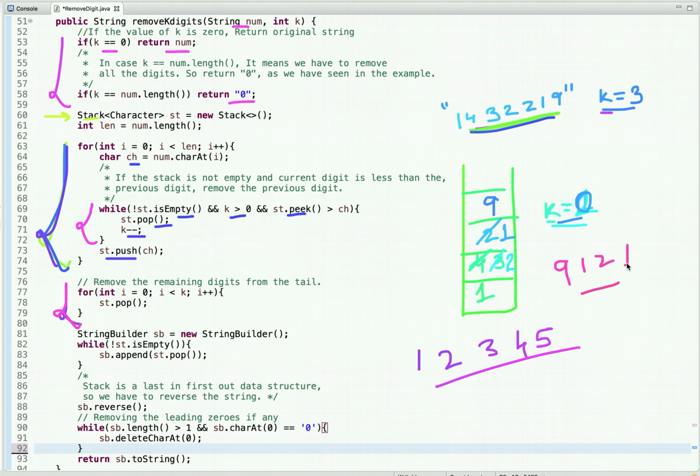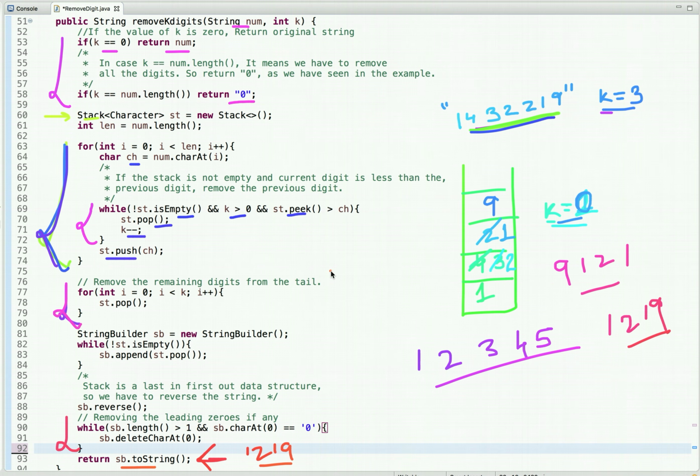That's why we need to reverse this string. So when we reverse this string, we get 1 2 1 9. And we also need to take care of one more condition. If there is any leading 0, we have to remove it from this string. So here is the code, and after that simply return this string and we get the smallest possible number.